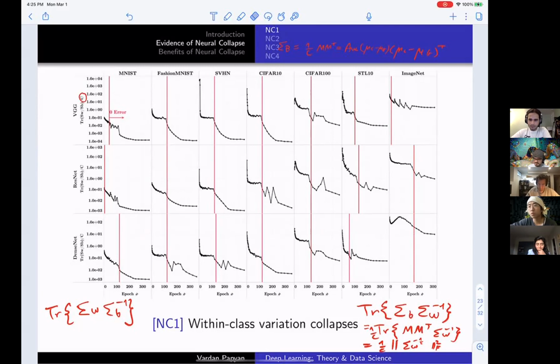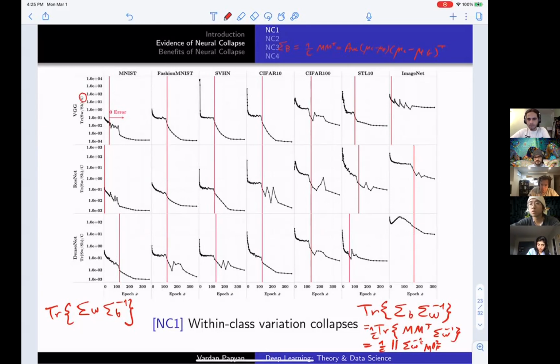So this is Sigma_W to the minus half multiplied by a means matrix M, right? Now, don't you feel like this is a very intuitive quantity? Sigma_W to the minus half multiplied by M. Do you remember seeing such a quantity in your past?